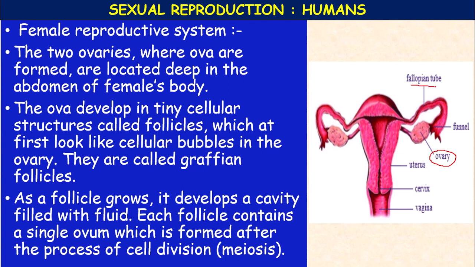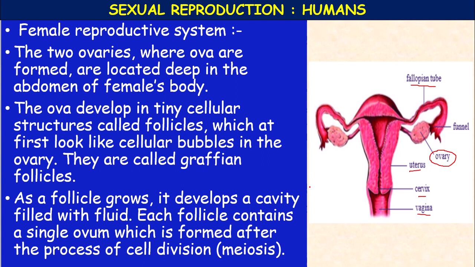These are the fallopian tubes or oviducts. Follicle enclosing an ovum.